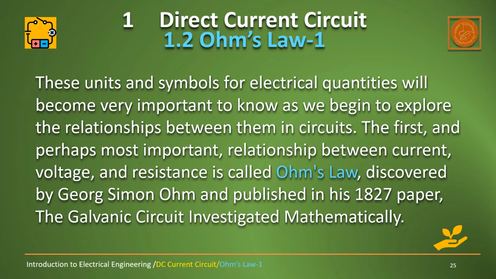The first and perhaps most important relationship between current, voltage, and resistance is called Ohm's law, discovered by Georg Simon Ohm and published in his 1827 paper, The Galvanic Circuit Investigated Mathematically.